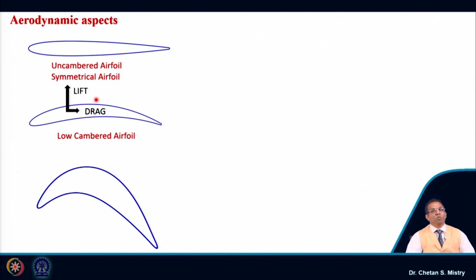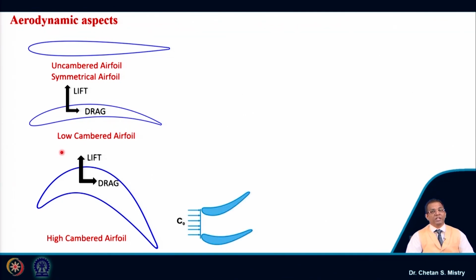Now, let me give the large camber, like a highly cambered aerofoil. For that also we will be getting lift force and drag force. Now, here it is very important to understand, we have our basic understanding about the aerodynamics. Suppose 2 aerofoils or 2 blades are arranged in this way, where my entry area is lower and my exit area is larger.